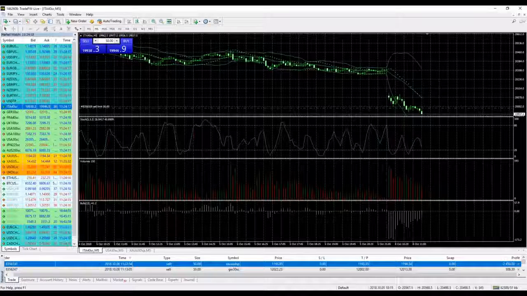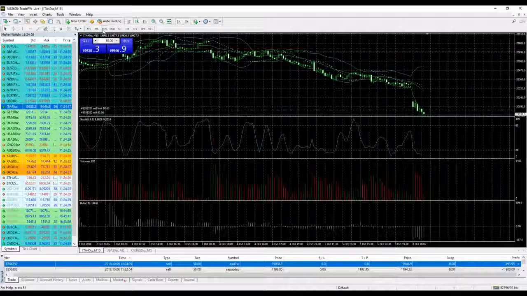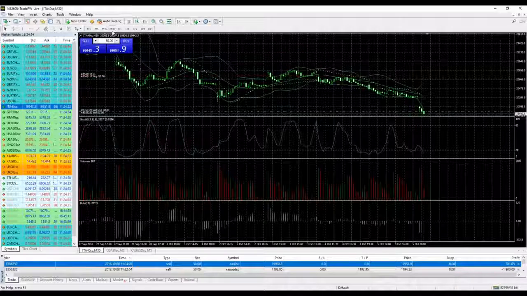Okay, guys, I'm selling again Italy 40. I just sold again Italy 40. And I will put a take profit very narrow. Also here, I will go for a narrow take profit.